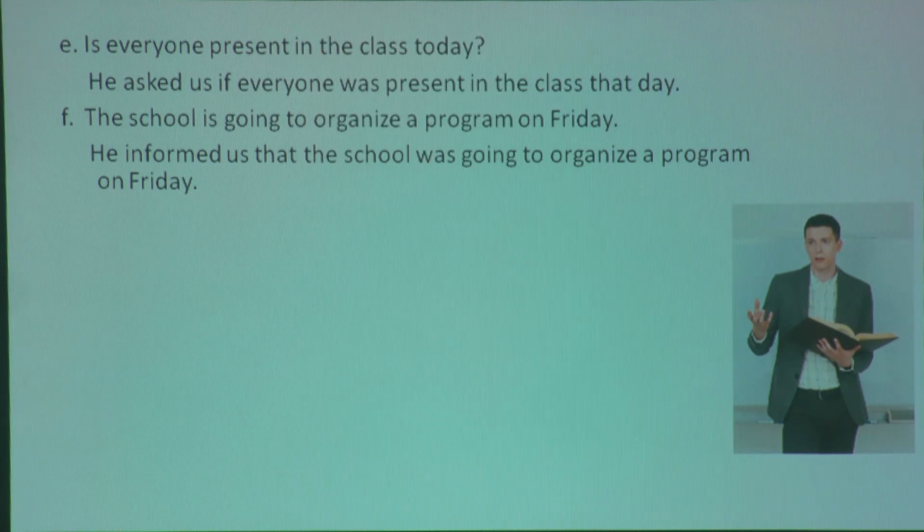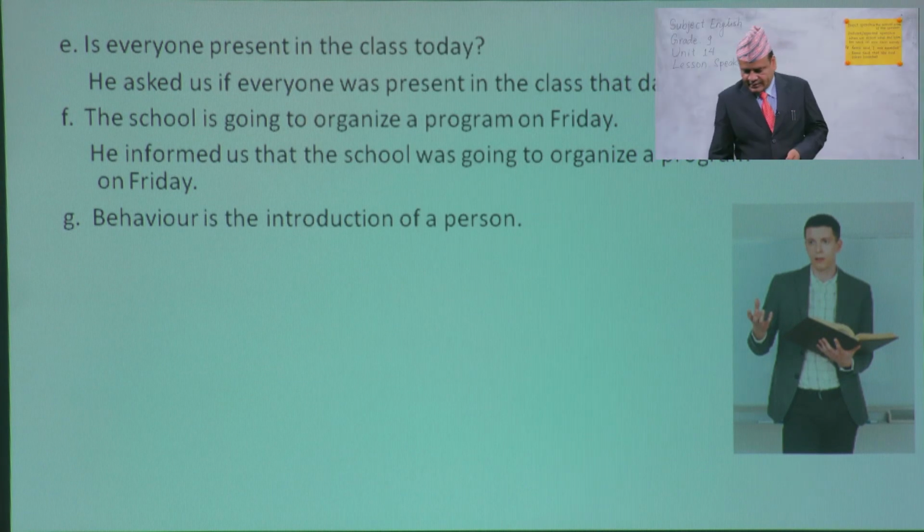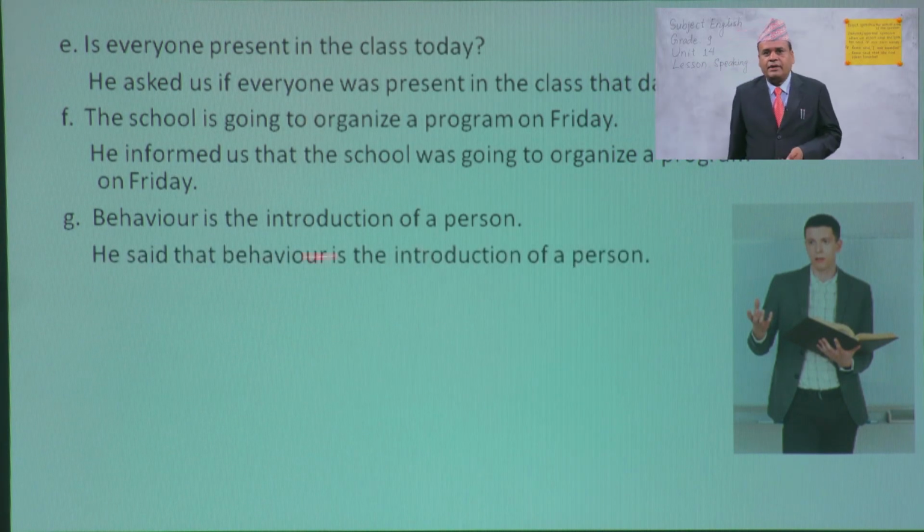And next is, behavior is the introduction of a person. This is also a statement, and this is a general truth. It's a kind of fact. So, we don't change the tense of the sentence here. So, he said that behavior is the introduction of a person.